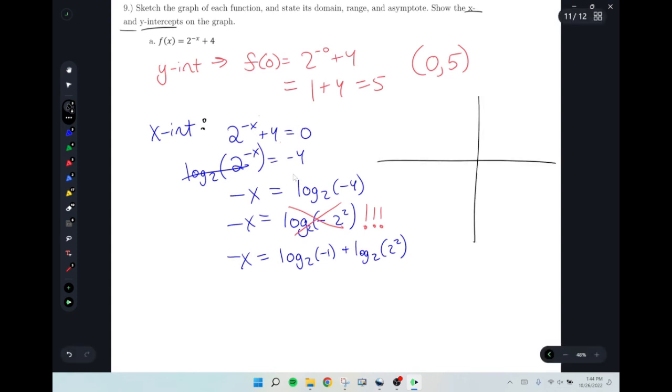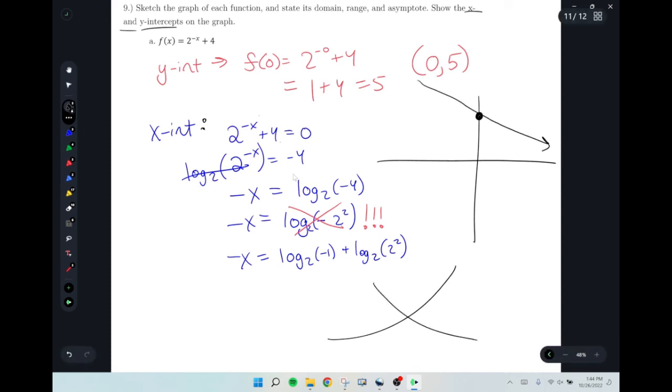Domain, range, asymptote. It has 0, 5. Do we know what the graph of 2 to the negative x looks like? Is this an exponential growth graph or an exponential decay graph?